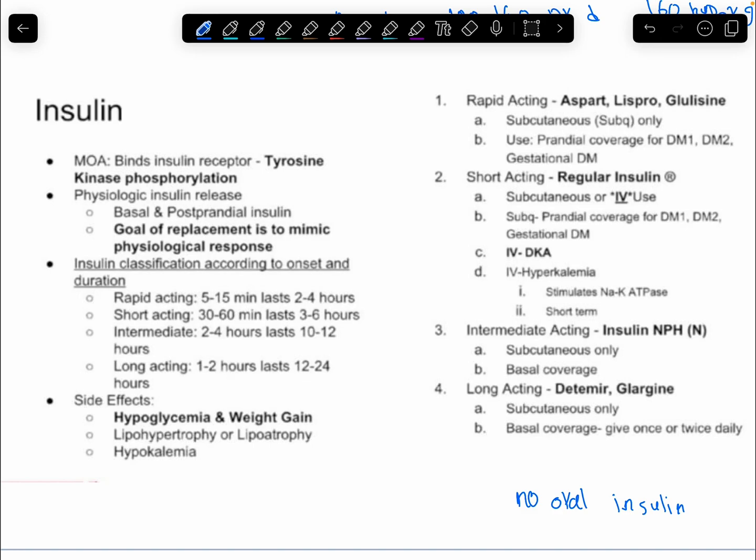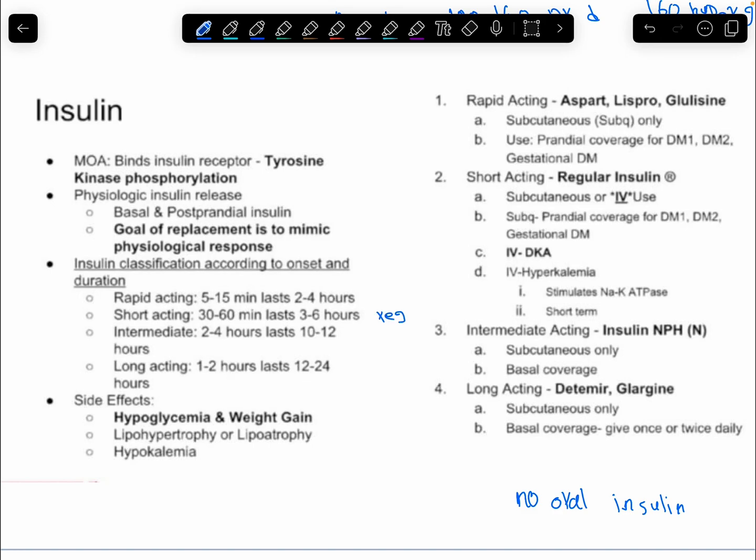Second one, short acting or regular insulin. It needs 30 to 60 minutes. It is like our natural insulin. It is also called regular insulin.